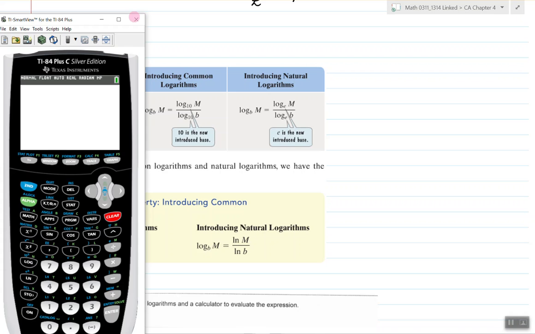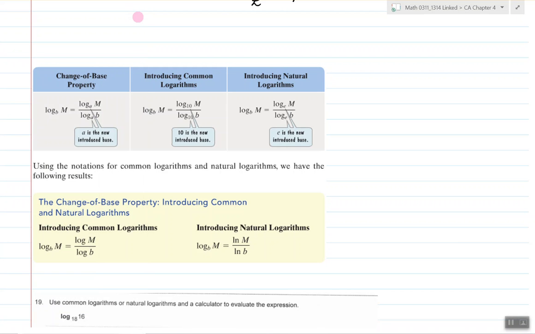What if I need to use a different base? All right, there is a formula called the change of base formula. If you have a logarithm, base b of some argument, and you don't know anything about base b, maybe it's 7, maybe it's 9, maybe it's pi, but it's not 10 and it's not e, then you can change it using either base 10 or base e into something you can work with.